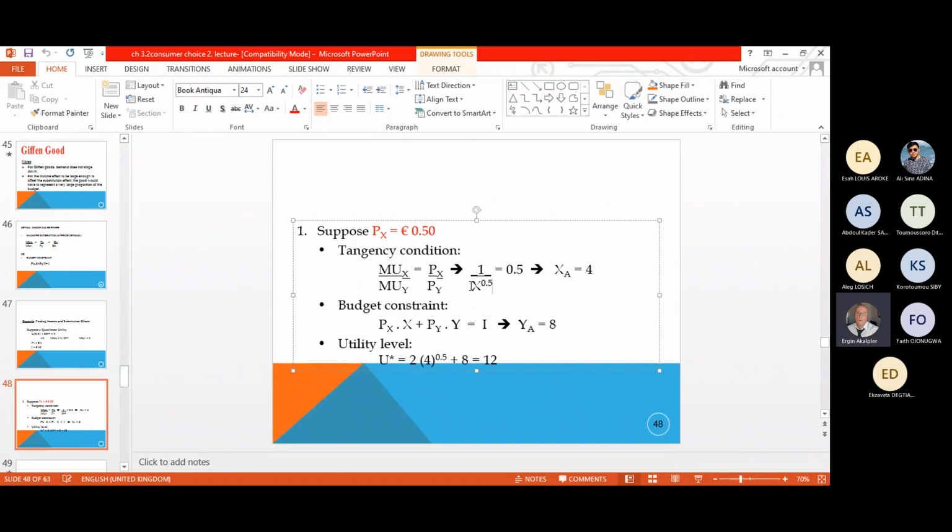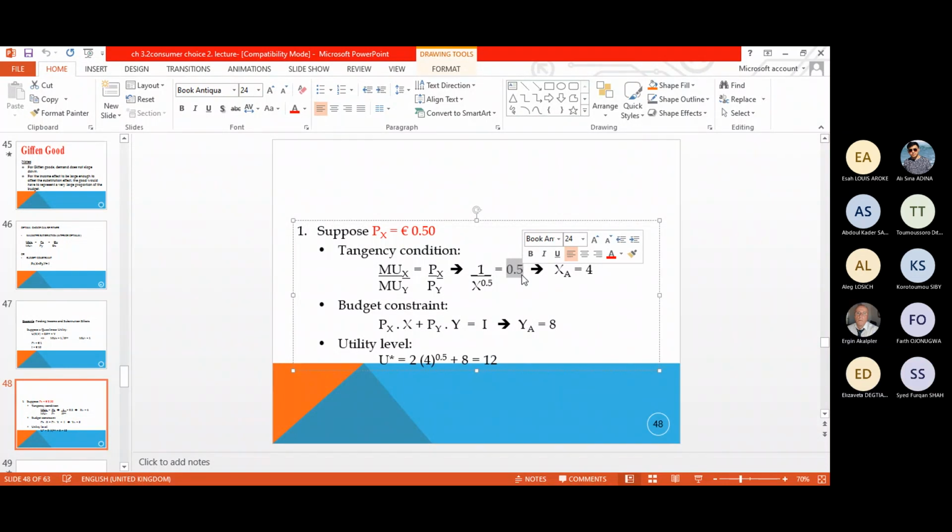Did you understand? The power 1 over 2 multiplied by 2 is 1, therefore this is x. And this is also multiplied, 1 over 0.5 with 2, because 0.5 also means 1 over 2, isn't it?